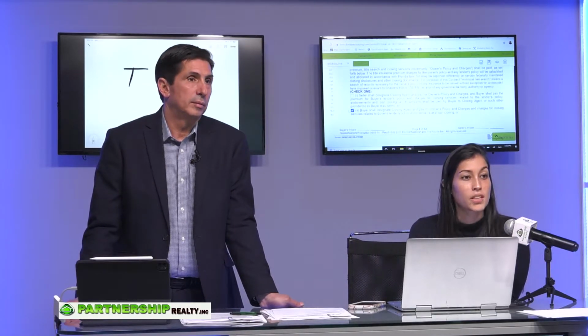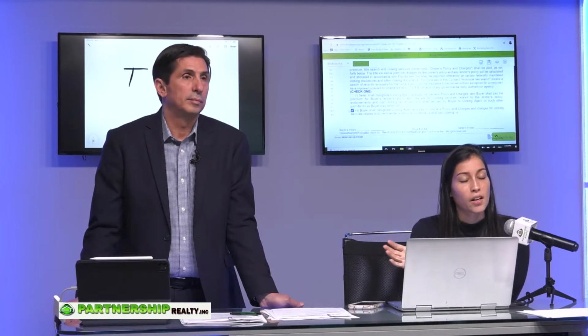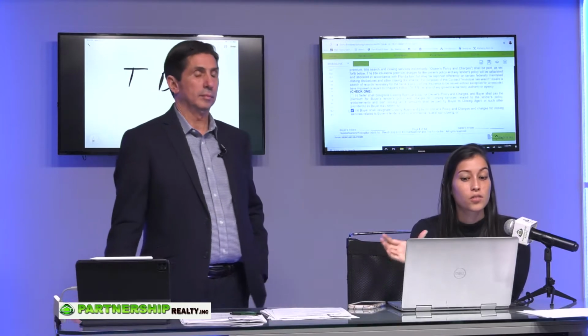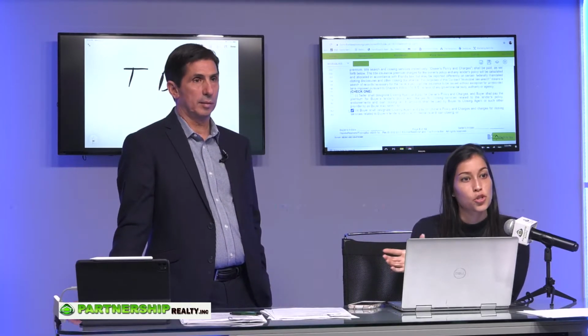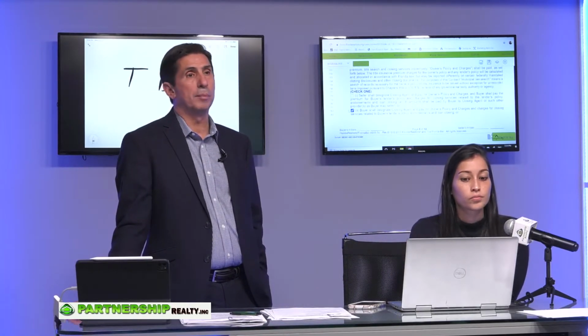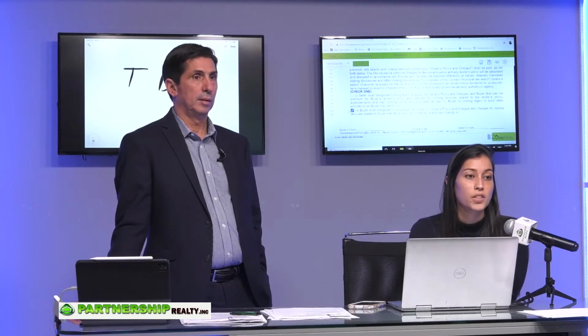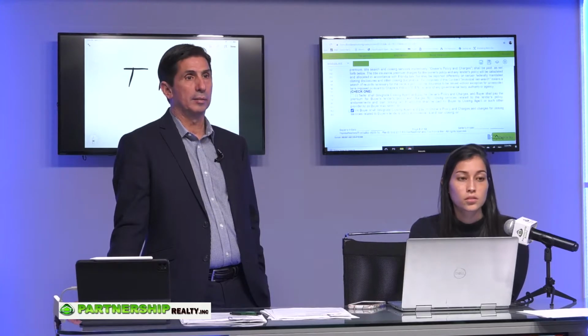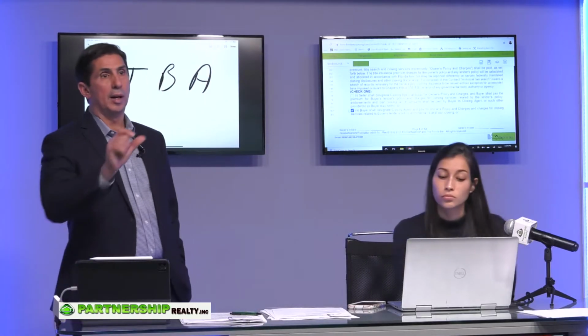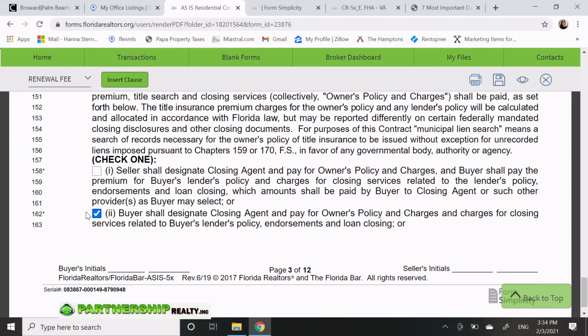You can go to the addendum that pertains to the HOA, and there's a section regarding the special assessment, so make sure you disclose it there. Or put it on page number 12, on line 571, on the as-is contract. Go to line 571 under additional terms and just write it in there.